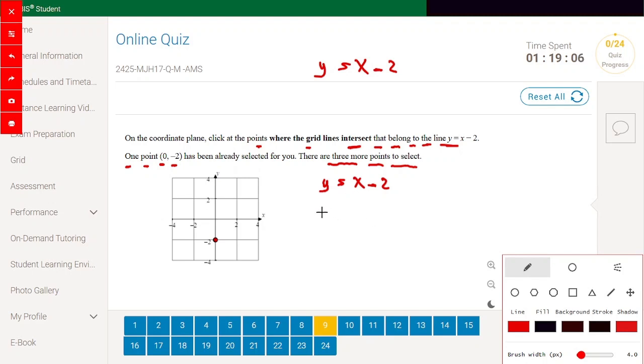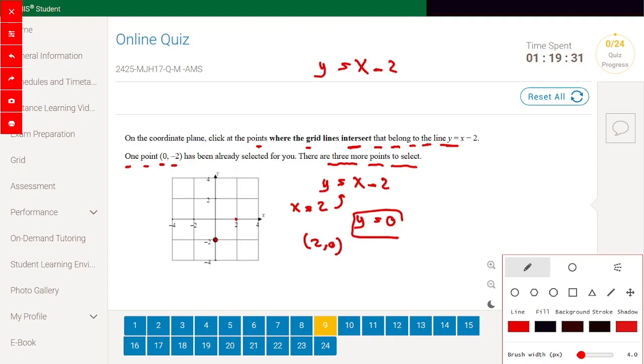Now, let's take, for example, x equal to 2. We substitute in this equation and see what the corresponding y is. So here y will be equal to 0. So we have another point, which is 2 and 0.